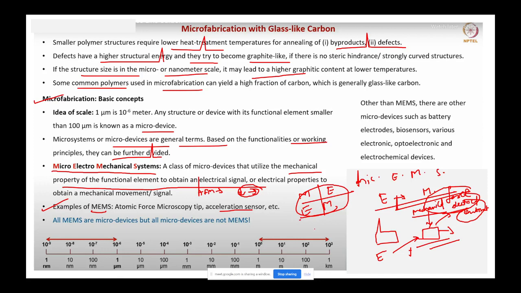All MEMS are micro devices, but all micro devices are not MEMS. Other than MEMS, there are other micro devices such as batteries, electrodes, biosensors, various electronic, optoelectronic, electrochemical devices.